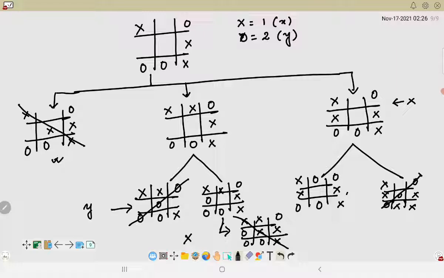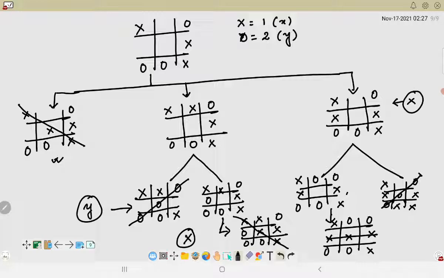Similarly here, let me place another x here, so x 0 0. Here also I will win the game if we follow this particular move. Since it was x's move, here it is y's move, and then here it is x's move again. So x will win the game in the last step.